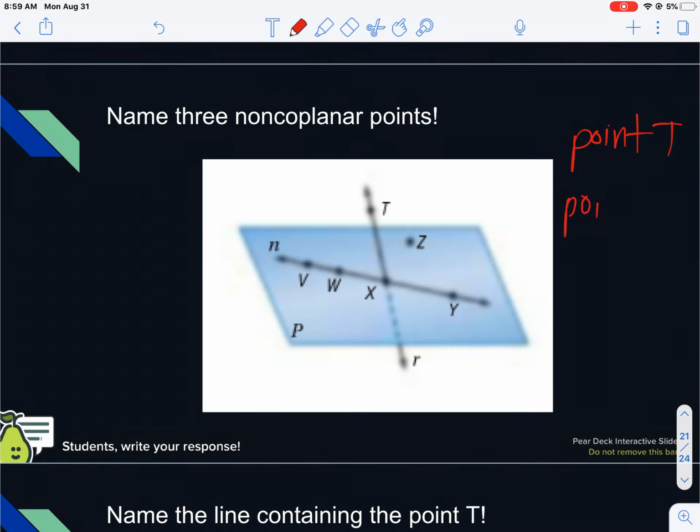Point T, point Z, point X, right? T is not on the plane. T is outside the plane. The dotted line means that this line R is going through the plane. It's sort of vertical, right? So it's like going up through the piece of paper, like somebody stuck a pencil through the piece of paper. Line R would be sort of that imaginary pencil.